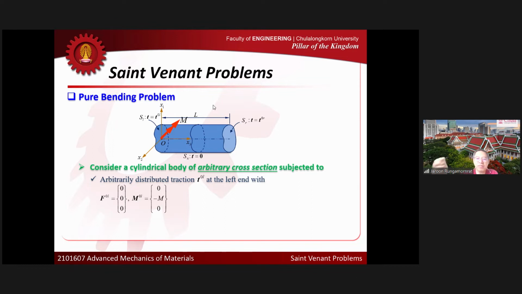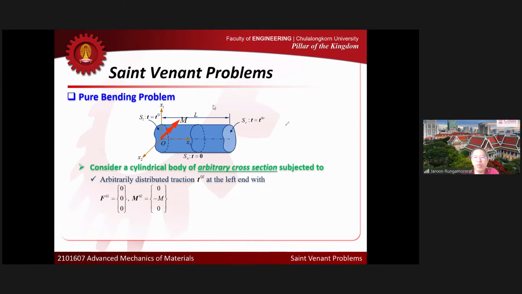I didn't put any specific form of T0L because the T0L that can generate this kind of net forces and moment is not unique, right? There are several types of distribution that can generate the same net force and moment like this.